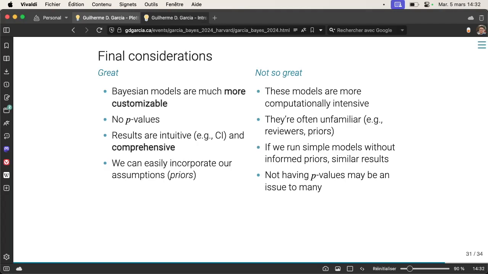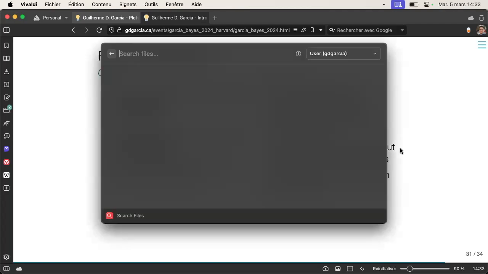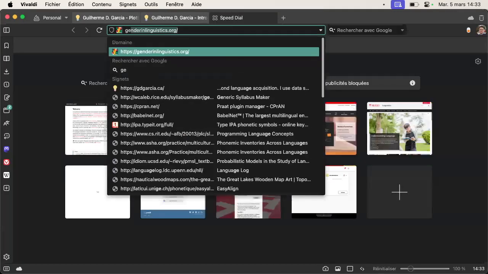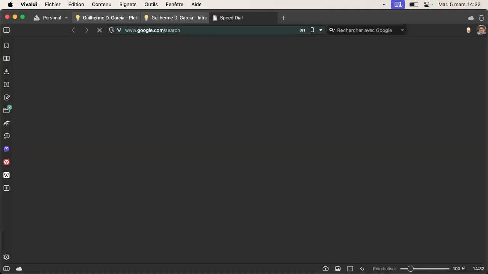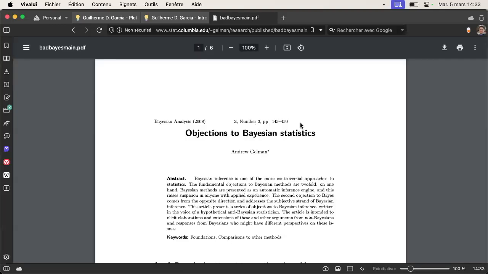People will ask you certain questions, right? And he has a pretty good, nice sequence of questions that are often asked of us. Which paper is that? It's Gelman 2008. Yeah, this is it. Objections to Bayesian statistics. So this is the one.